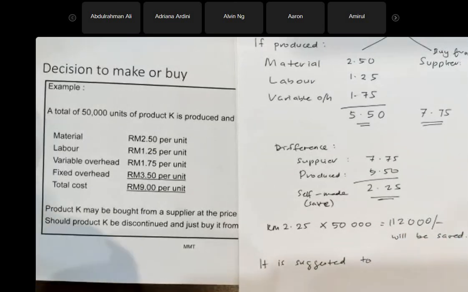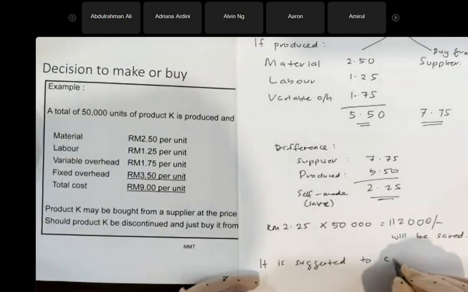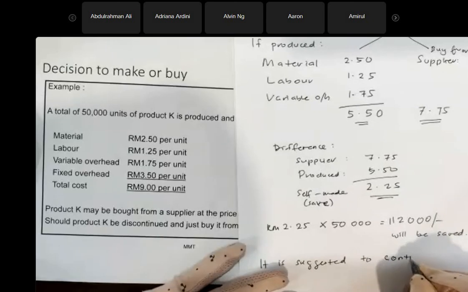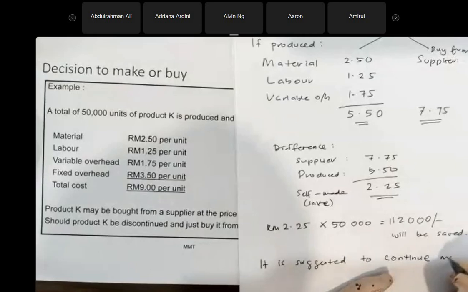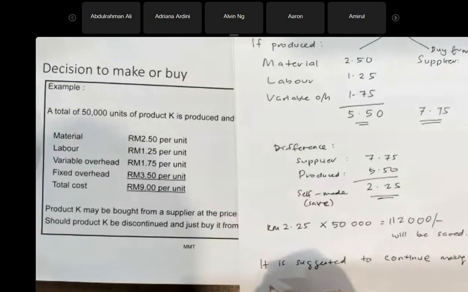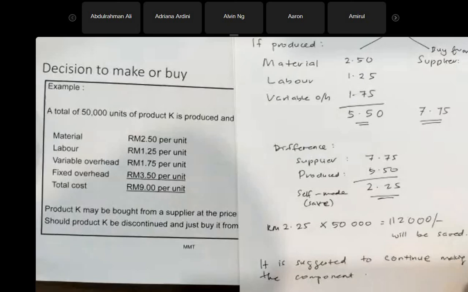To continue. Shall we jawab to continue? Okay, so it is suggested to continue making by the company.